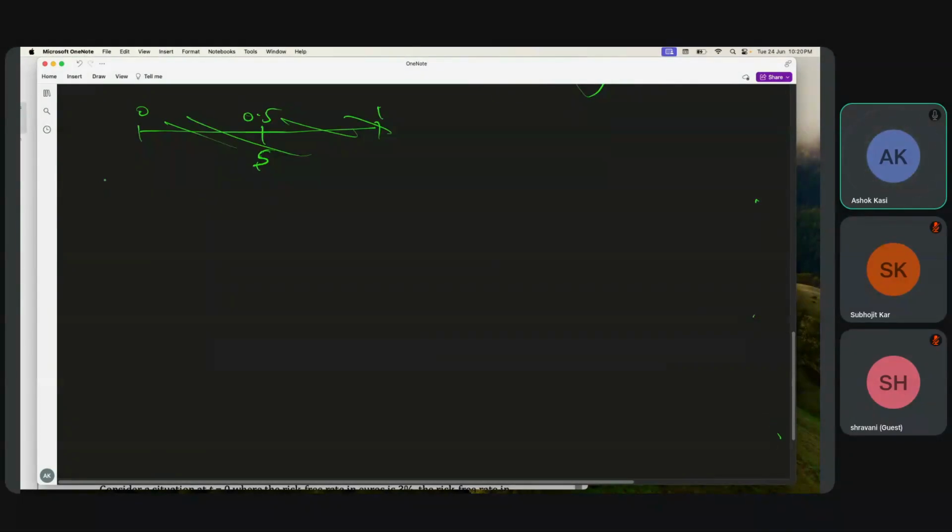Let's say spot price is equal to 100. Risk-free rate is equal to 15 percentage per annum. Expiry is in 6 months.